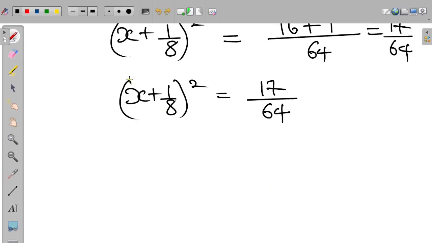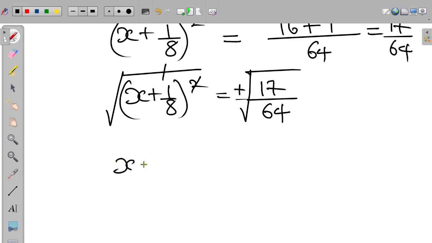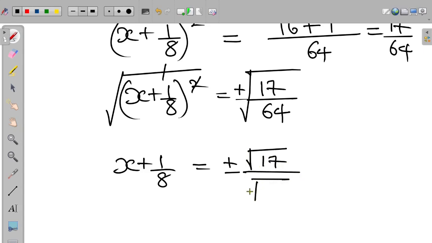So the next step at this point is to take the root of both sides. So square will cancel out root. We'll be left with x plus 1 divided by 8 equal to plus or minus root of 17 divided by root of 64.